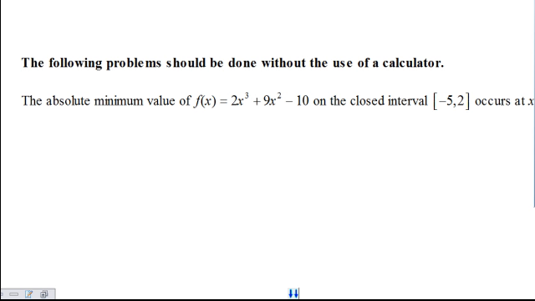The next problem says, find the absolute minimum value on the closed interval. So the absolute minimum value of f of x on the closed interval occurs at... To find the minimum value, I have to find the first derivative and set that equal to 0 to find my critical points.